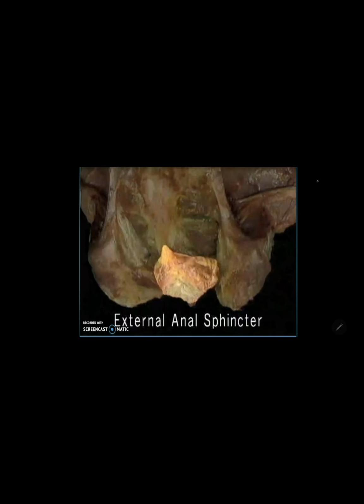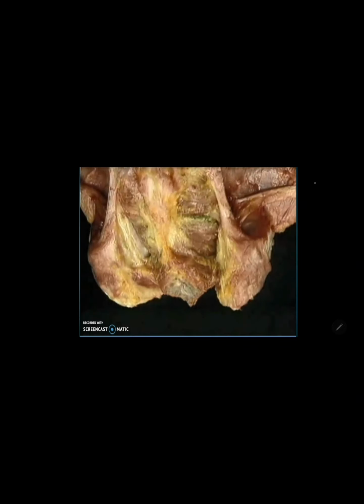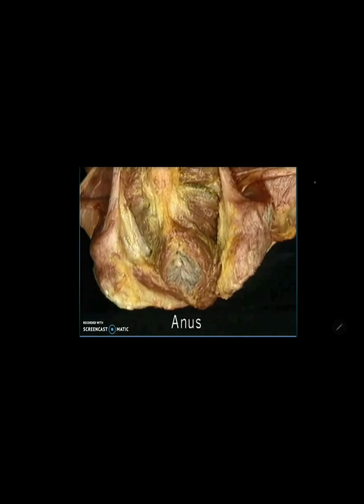The subcutaneous is just below the skin. The superficial part is having attachment to the tip of the coccyx, whereas deep part is with the puborectalis. So you can see there anal canal opening.